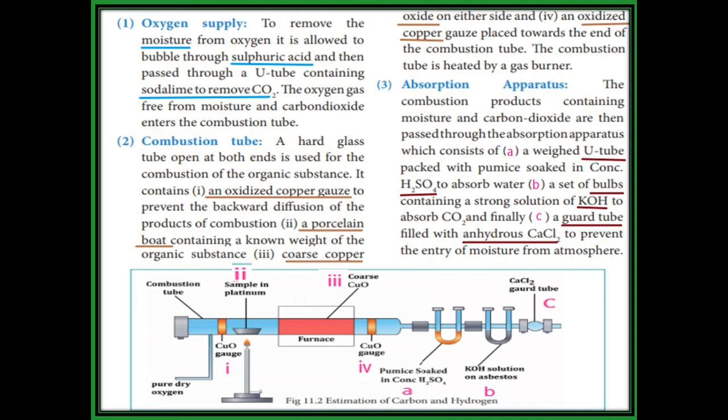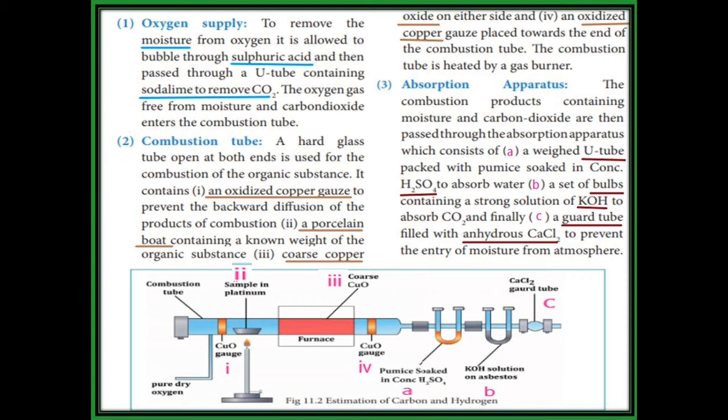The sample is placed in the boat. The third part is coarse CuO. Coarse means bulk copper oxide, present on either side, front or back. The fourth part is the oxidized copper cage, once again present at the end of the combustion tube.